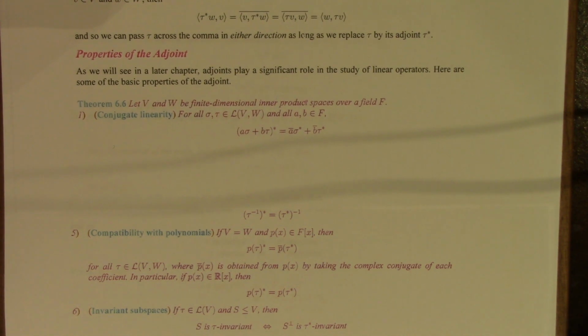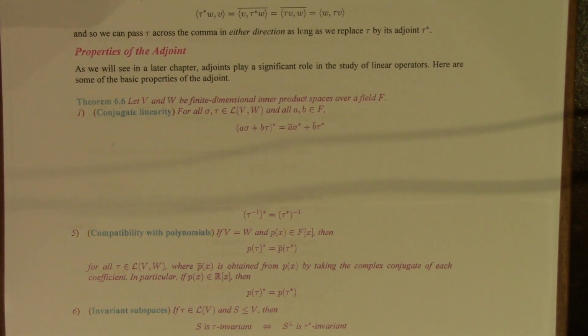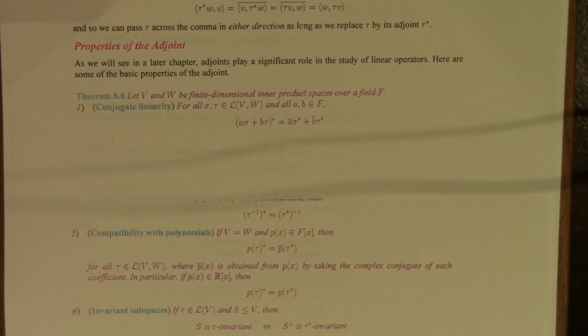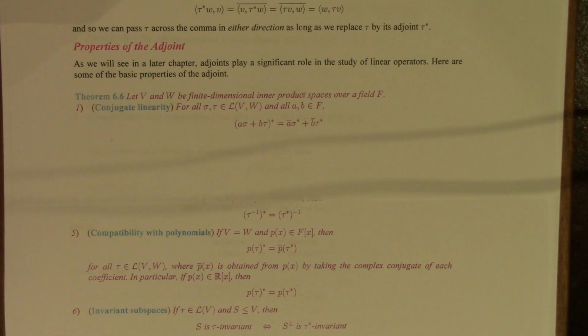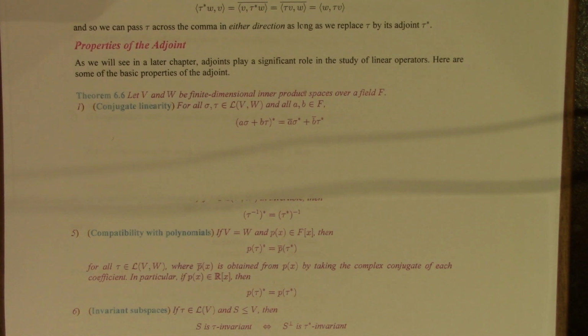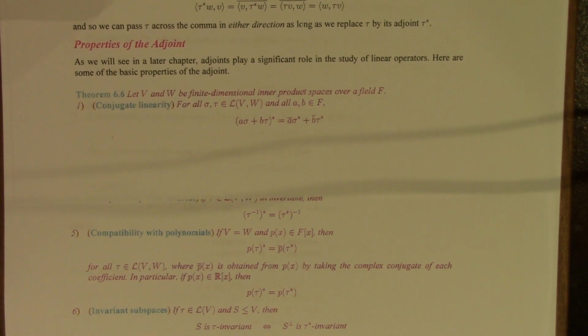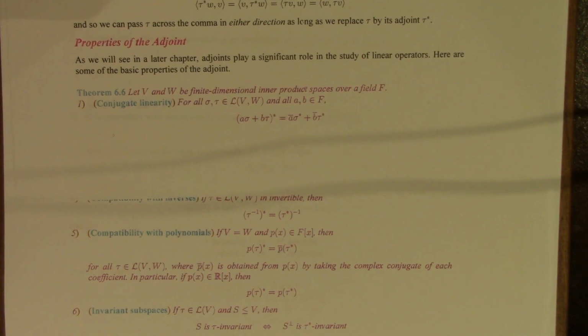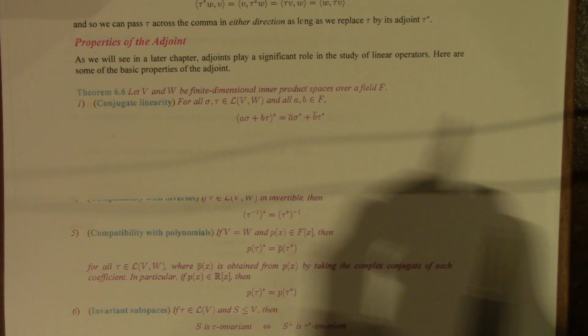If an operator is bijective and its inverse is equal to its adjoint, it's called a unitary operator. So these are very important. Another really important class of operators are those that commute with their adjoint. They're called normal operators. So we'll get into all that in subsequent chapters, but the adjoint plays a very key role in all of our future discussions, virtually all.